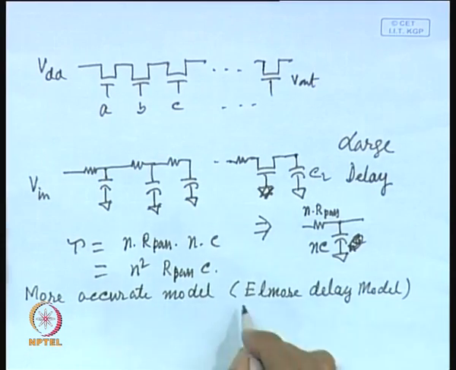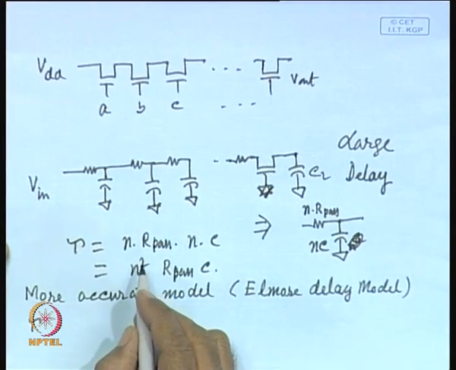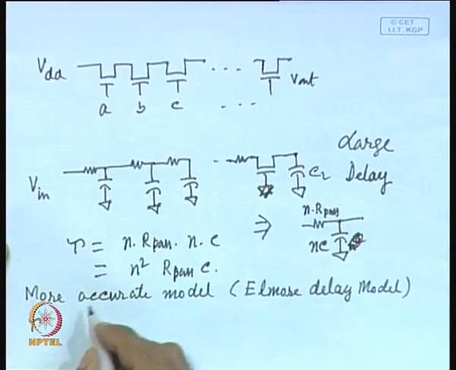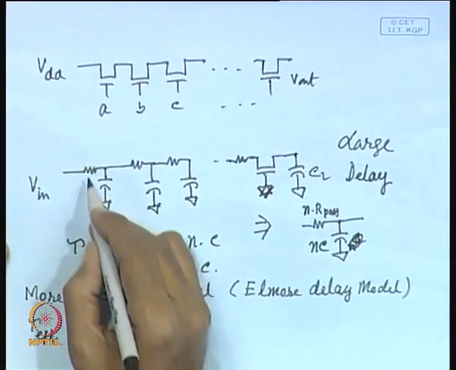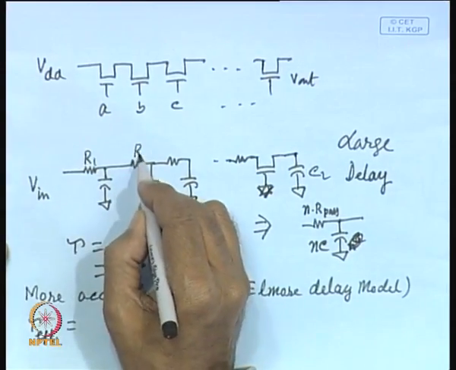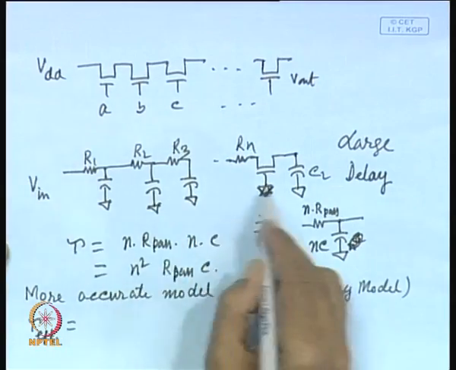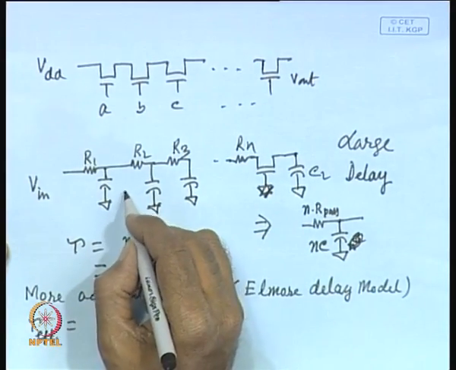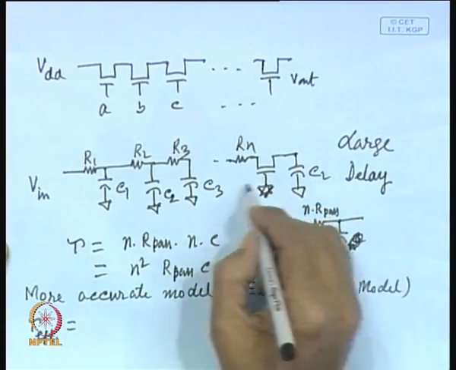If we use this Elmore delay model, this time constant tau will be equal to effective, this is say R1, this is R2, R3. In this way, let us assume there are n transistors, and similarly let us assume this is C1, this is C2, this is C3. Later on we shall assume that they are all same.